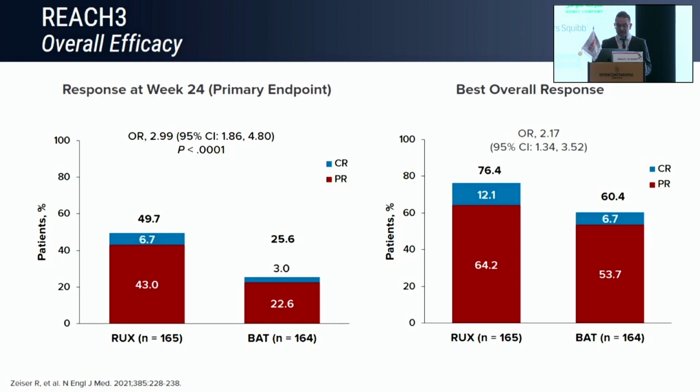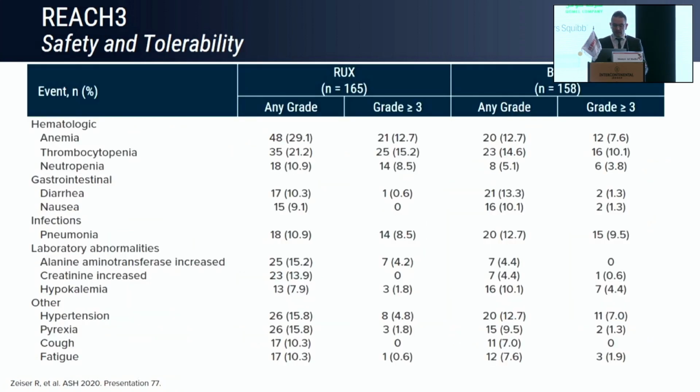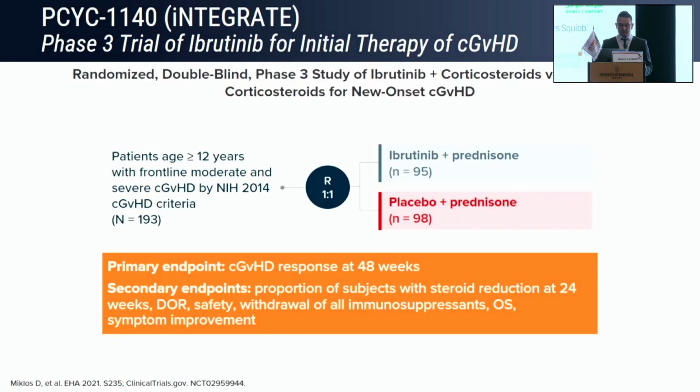Again, CR is expected to be low in this population at 6.7%, but I think with more time it went up to 12%. Well tolerated, with grade 3 or above events showing mainly as bone marrow suppression. Infection, as we can see here, is similar on both arms.